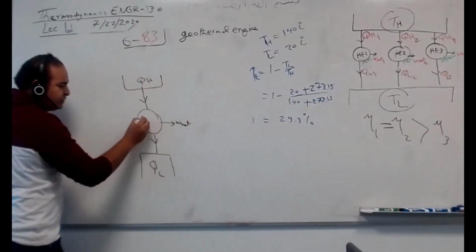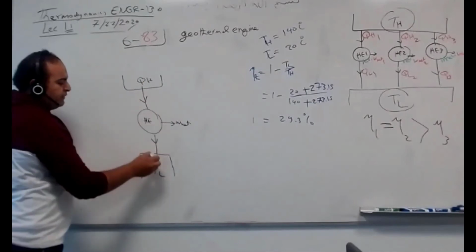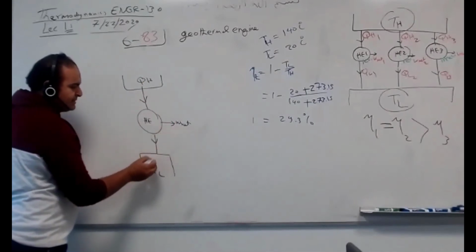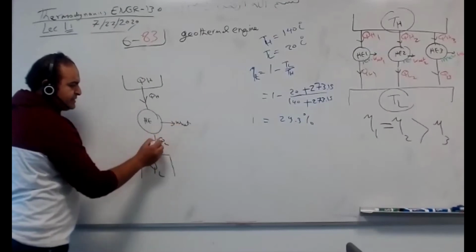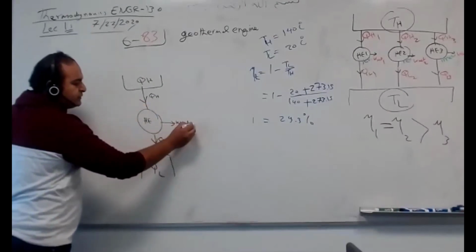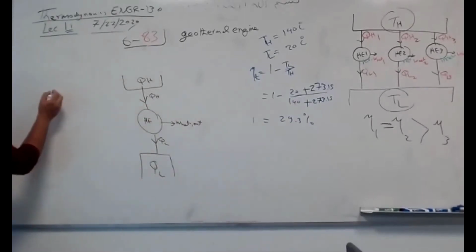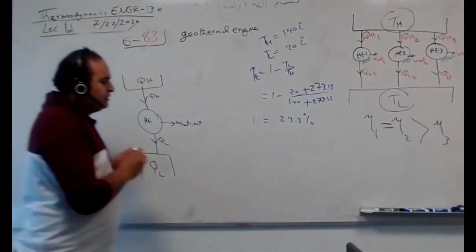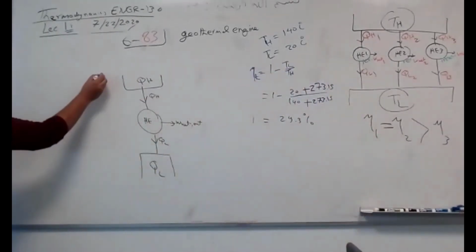This is for a heat engine, a power plant, an engine that produces work. This is Q high. So this plus this equals this, always Q high here, Q low here. This plus this equals this, net out. This is called a heat engine. But we have another one. Let's draw it in another color, like a refrigerator or even a heat pump.